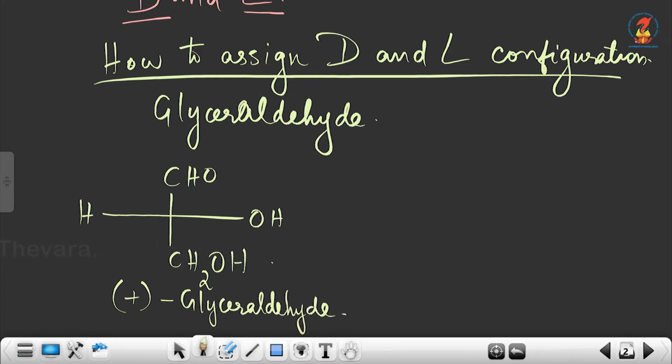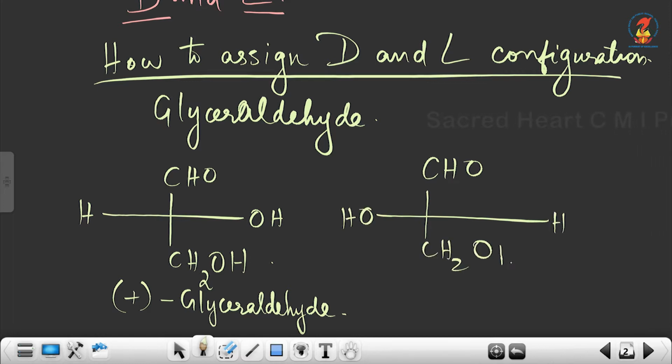The plus sign shows that it is dextrorotatory. Now, minus glyceraldehyde is indicated like this: OH on this side, hydrogen on this side, and CH2OH. The minus shows levorotatory, minus glyceraldehyde.